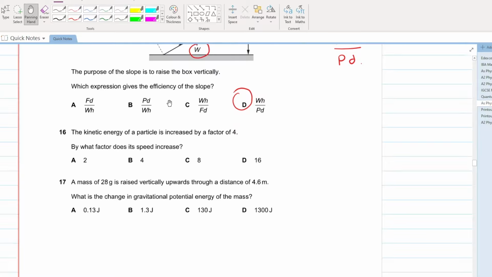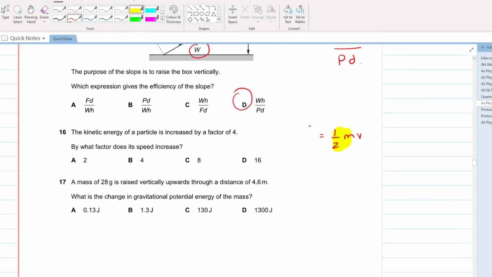The kinetic energy of a particle increases by a factor of 4. By what factor does the speed increase? बेटा ये उसने आपको पास करने के लिए सवाल दिया है, ये एग्जामिनर ने आपको पास करने के लिए सवाल दिया है. If you examine the formula of kinetic energy is equal to 1 upon 2 mv squared. Can you realize 1 upon 2 m can remain constant?